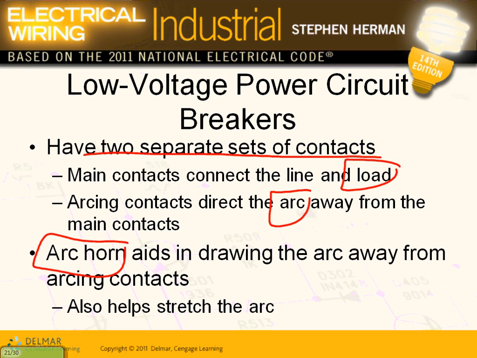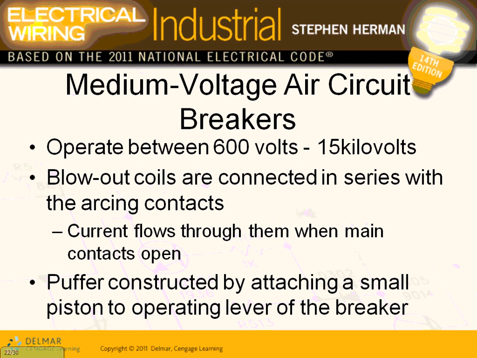The whole idea is to move this huge arc away from the contacts, because you can burn the contacts. You want your circuit breaker to open and continue to open after the thermal event passes. So it moves the arc away from the contacts to protect them, and it stretches the arc so you can dissipate it. You'll look at a couple of pictures in a second here. So it's all about extinguishing the arc. It really is all about extinguishing the arc.